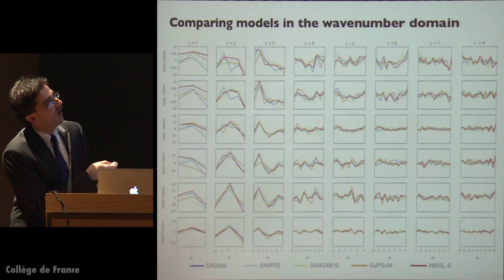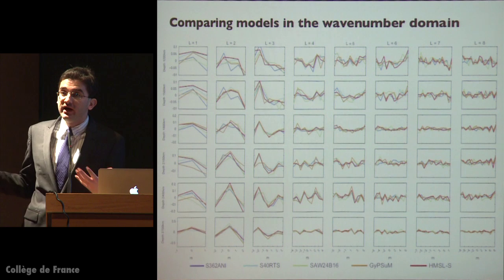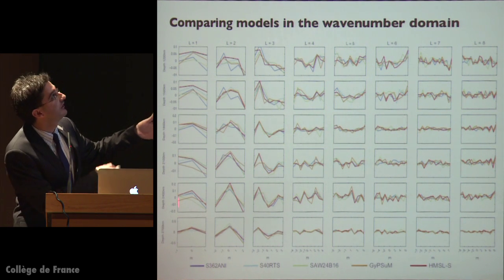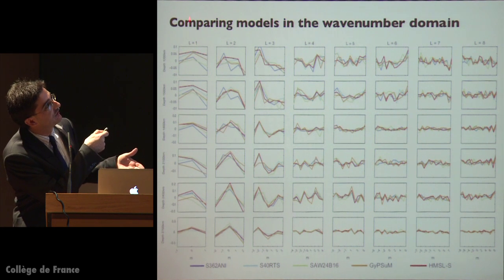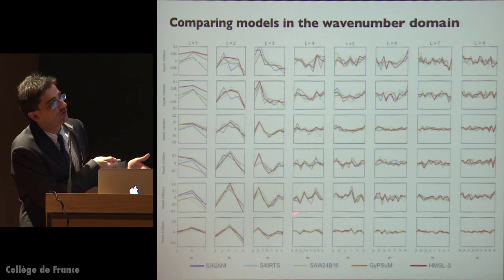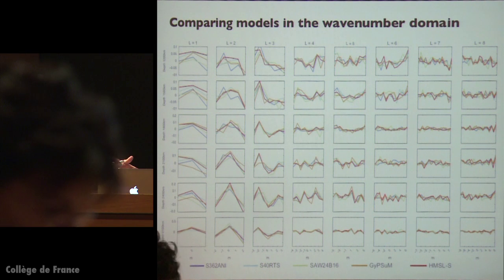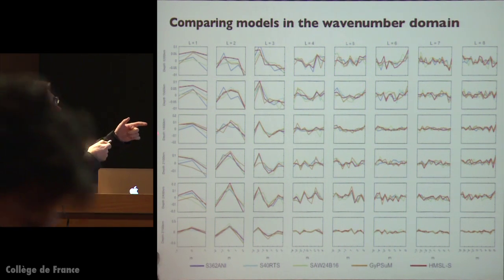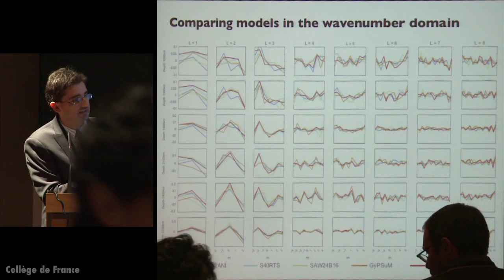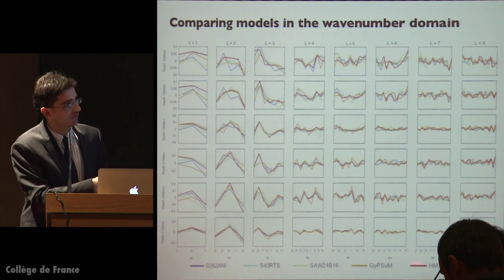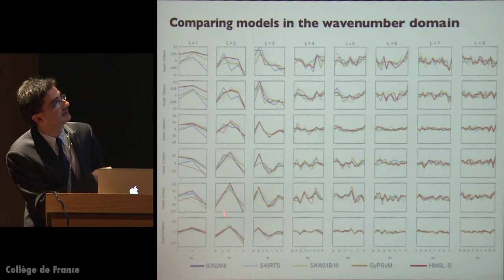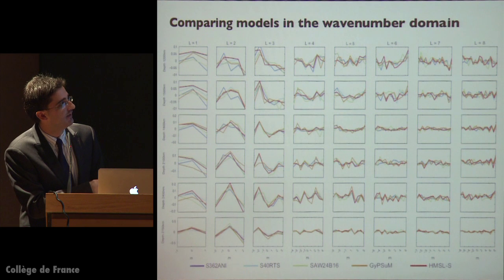A way that one might compare these models is to compare their spherical harmonic coefficients. Here I'm showing the coefficients for degrees 1, 2, 3, 4, so you're going to shorter wavelengths to the right. You have very long wavelength structure to the left, at a variety of depths in the lower mantle. You can see that all the models have very similar spectral content at the base of the mantle, and then these differences increase slightly.